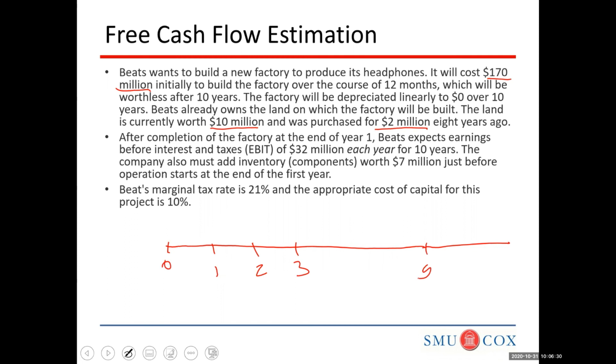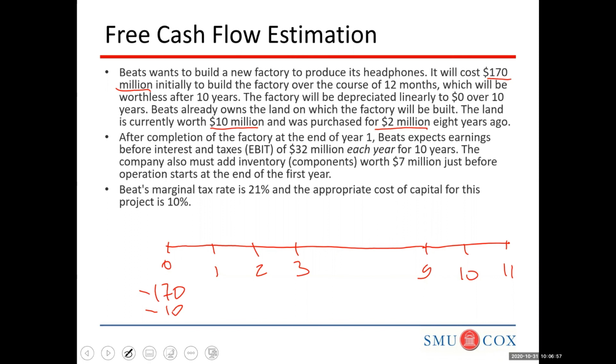And then it goes to 9, 10, 11. So in year 0 is when the investment happens. So minus 170. And I would actually include minus 10 here. The value of the land, that's year 0.